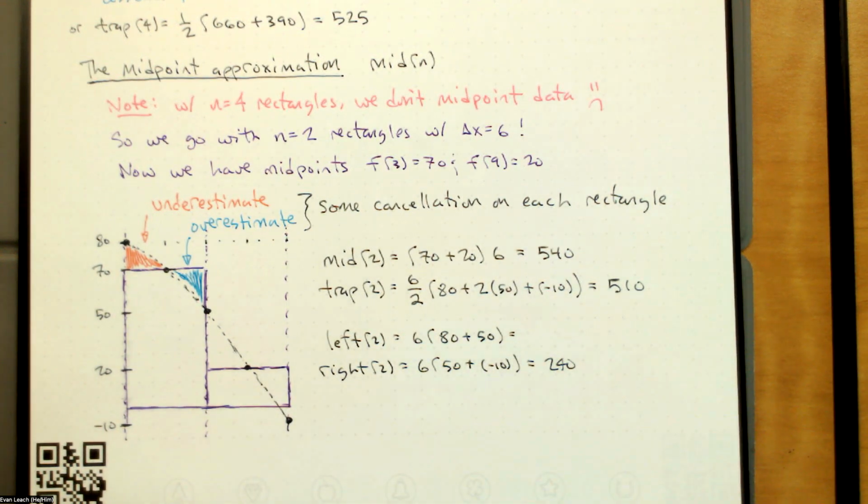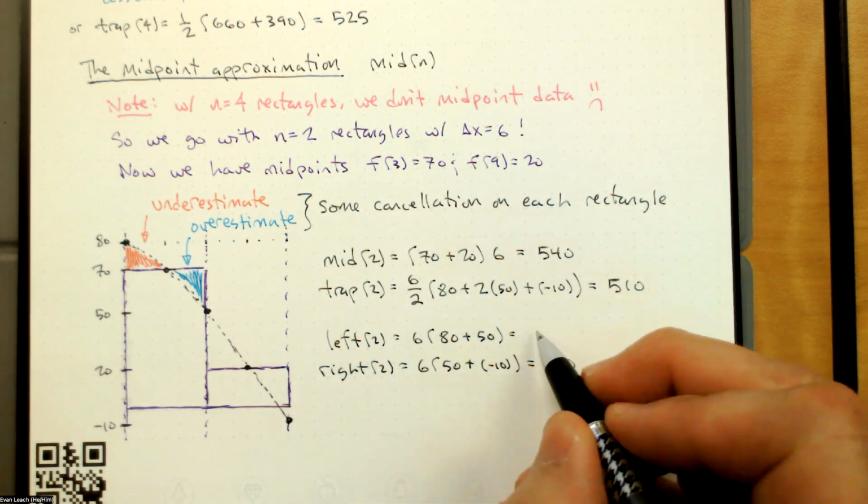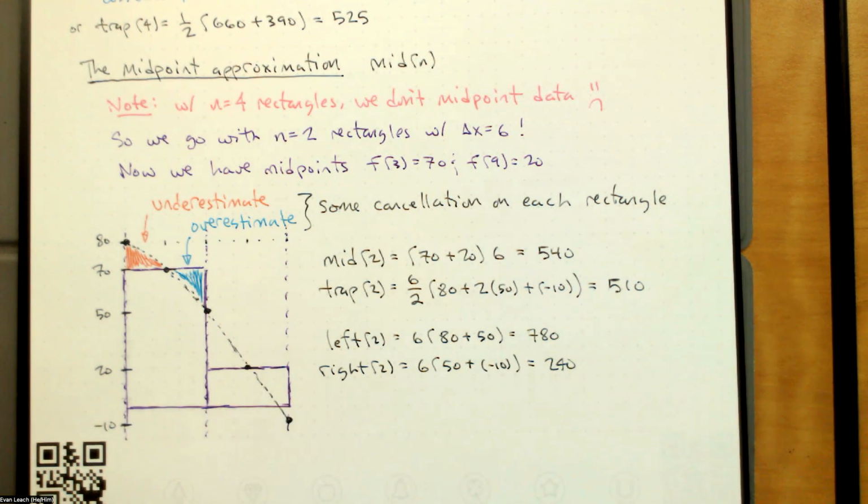Let's see, 8 and 5 is 13. What's 6 13s? 60, 18, 780? I'm doing arithmetic fast, never a good idea.